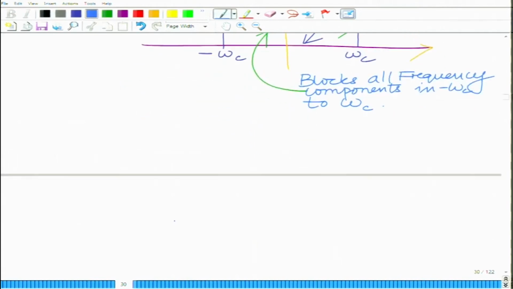Naturally, its magnitude response is magnitude H of omega equals 1 for mod omega greater than omega c, and this is equal to 0 otherwise.